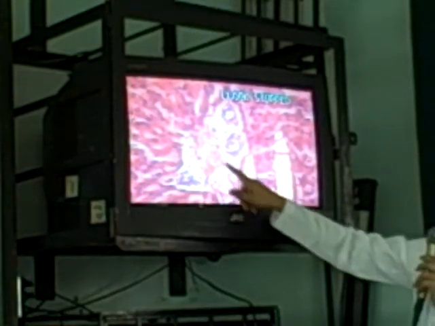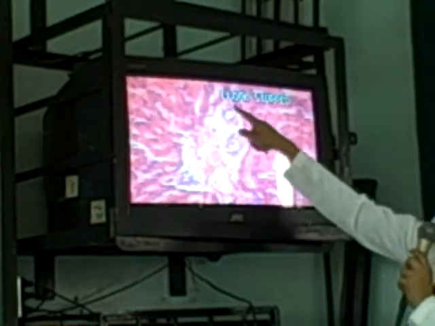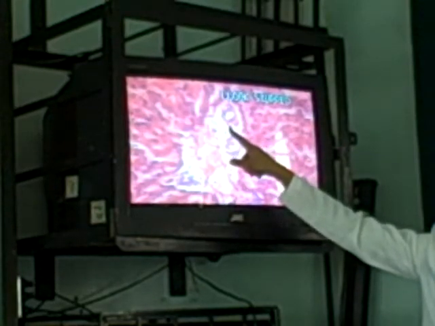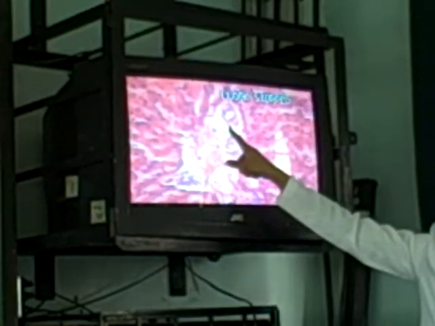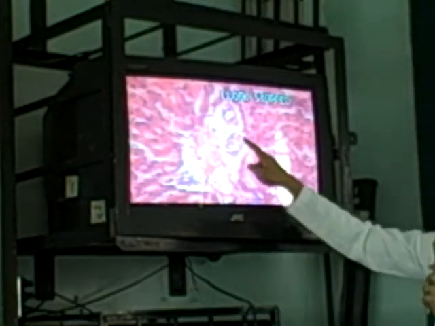Okay, this is one sample of your portal area, wherein you can identify the portal vein, carrying deoxygenated but nutrient-rich blood. You can see the prominent tunica media layer of your hepatic artery. And here is your bile duct, which is lined by simple columnar epithelium.